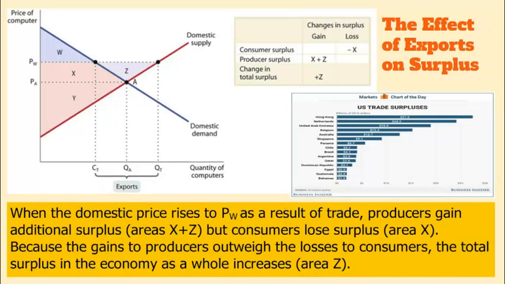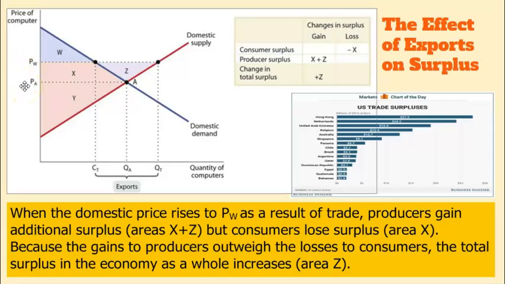So producers are going to benefit significantly in this model because notice with the world price being higher than at autarky, we've expanded producer surplus to an additional Z area. We're taking up part of X, which was part of consumer surplus, and now producer surplus is X, Y, and Z. Producer surplus is larger as a result of that.